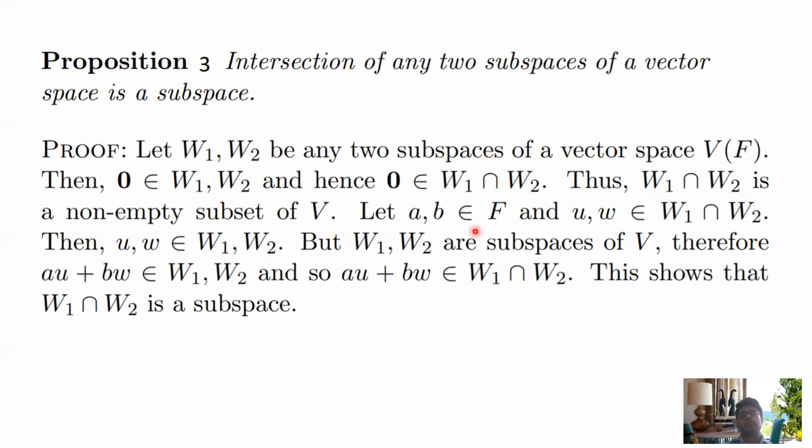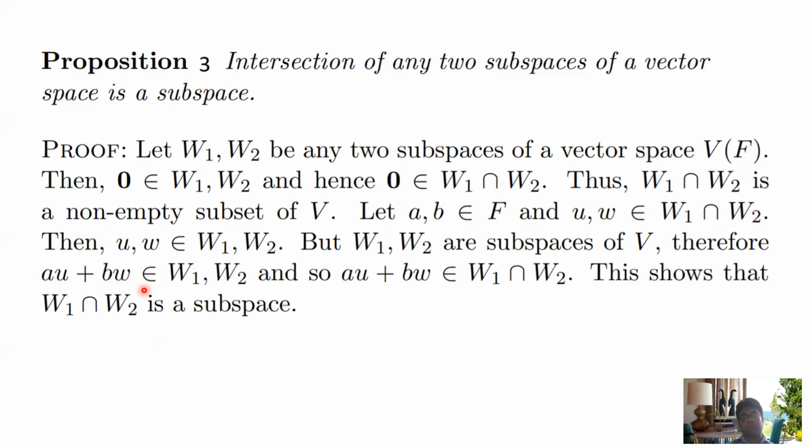Let a, b belong to F. Now you are selecting vectors u, w belonging to W1 and W2. This means you are considering that u and w belong to W1 intersection W2. It means u, w belong to W1 and u, w belong to W2. Clear? Since W1 and W2 are subspaces, automatically au plus bw must belong to W1 as well as W2, because this is the condition that must be satisfied if it is a subspace.